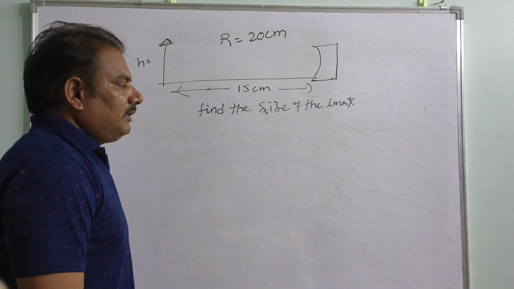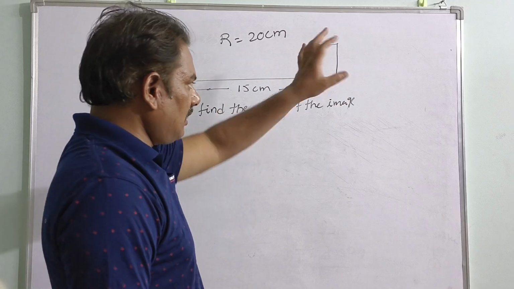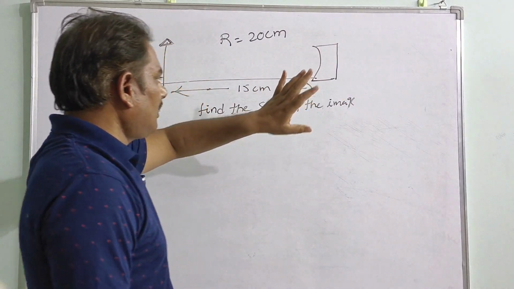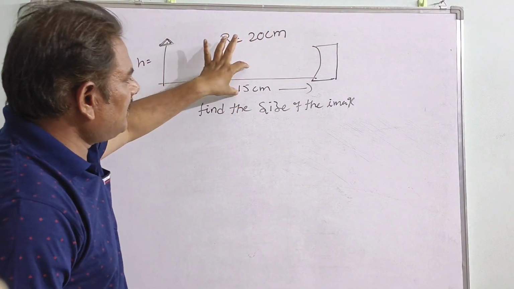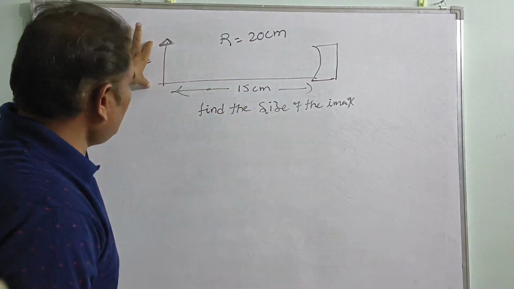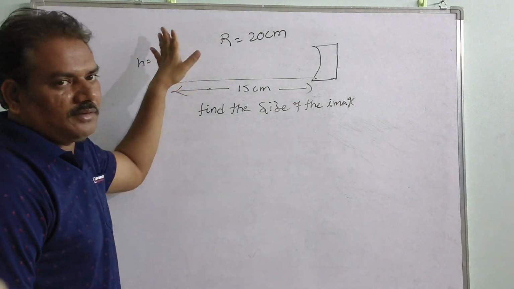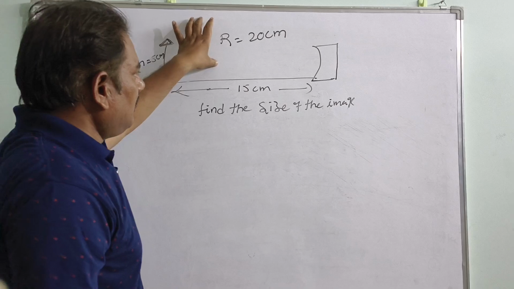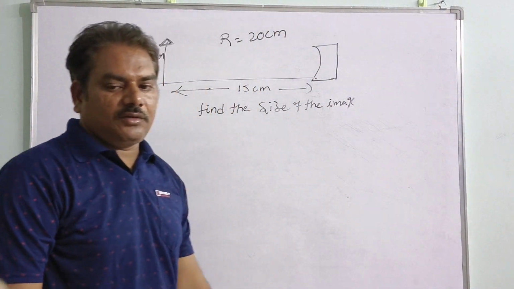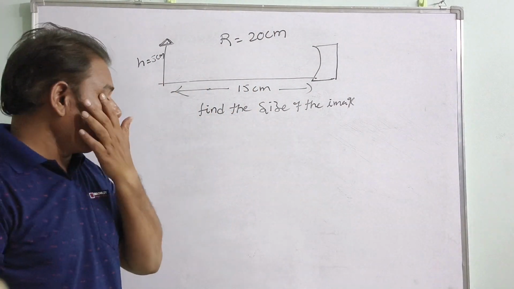Observe carefully. This is the concave mirror. From the concave mirror the object distance is 15 centimeters, the height of the object is 5 centimeters and the radius of curvature is 20 centimeters.